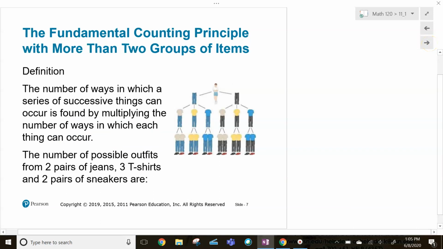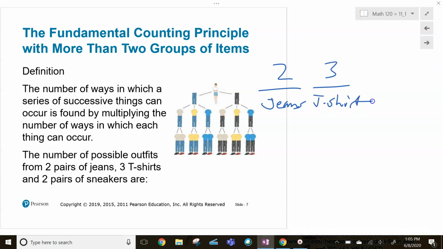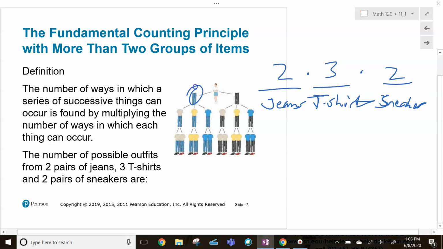Another one, how about if we got two jeans, three t-shirts, and we're also going to have two pairs of sneaker options. So you could have the blue jeans with the white shirt with the black sneakers.